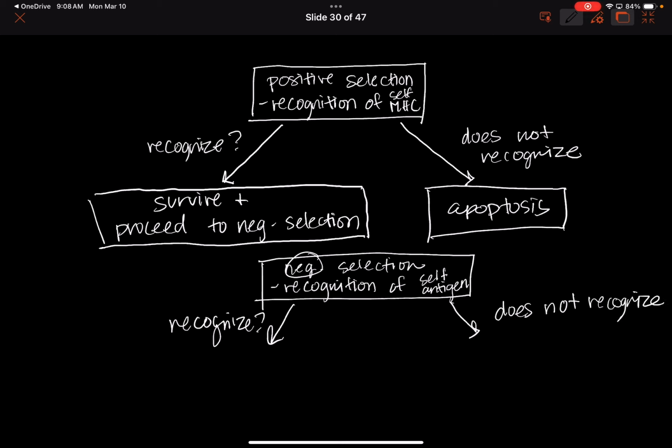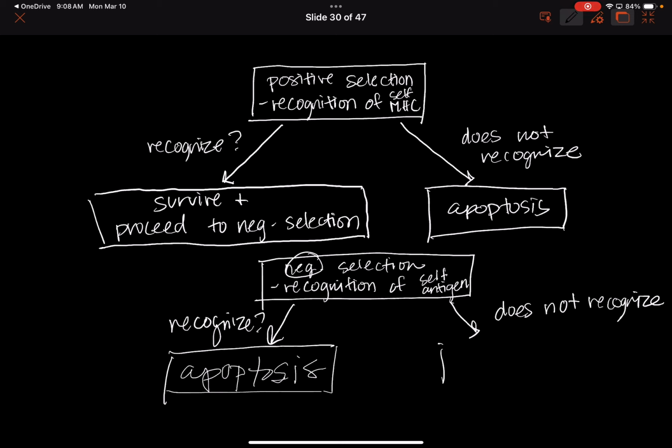So again, negative selection has to do with the recognition of the self-antigen, but we do not want them to recognize it. If they do recognize it and fully bind to it, apoptosis. But if they're able to leave a little space and do not fully bind to it, then they can survive and complete their maturation. So you should be able to tell this story on your next exam.